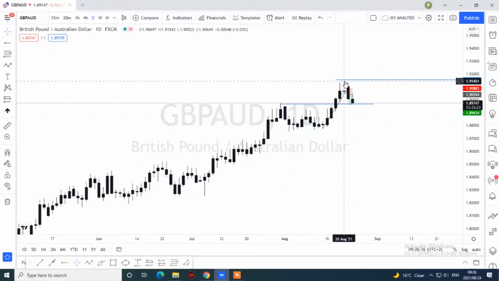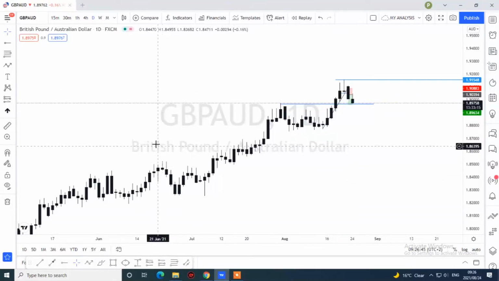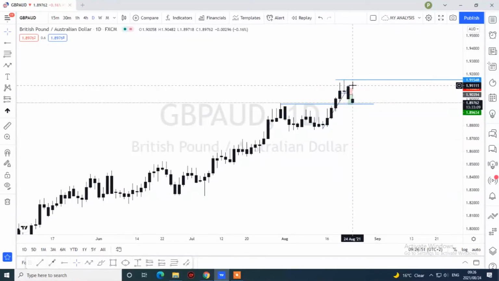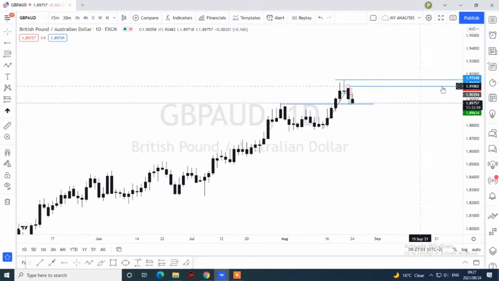As you can see, this high was rejected and the market started going down. Then it went back up, but it closed below this high. That gave us some information on how we can take this trade.